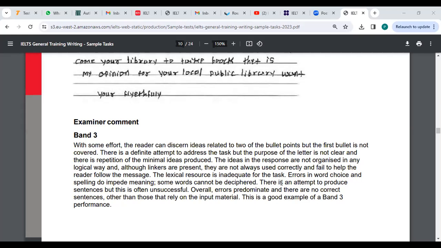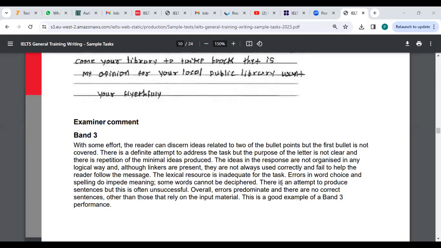There is a definite attempt to address the task, but the purpose of the letter is not clear, and there is repetition of minimal ideas. The ideas in the response are not organized in any logical way, and although linkers are present, they are not always used correctly and fail to help the reader follow the message.